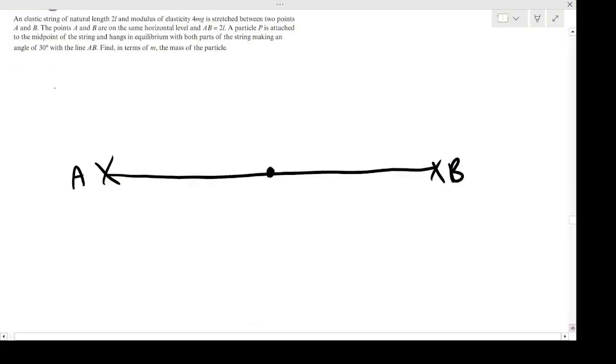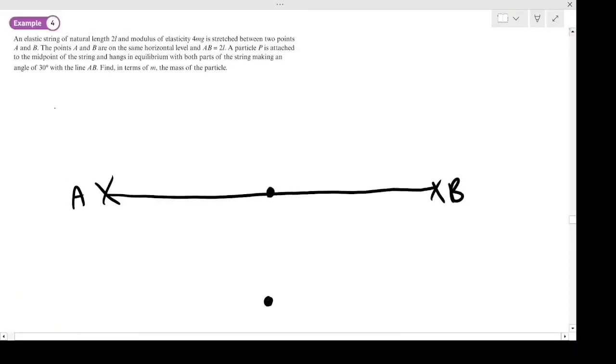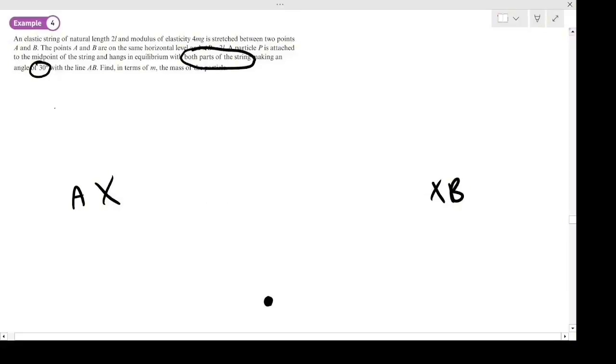And furthermore, the particle is going to be hanging underneath the line like this, okay? How do I know this? Because I'm told the string makes an angle of 30 degrees on both sides. So what's happening there is the string is being stretched down like this, pretty much the same as the last example, right?